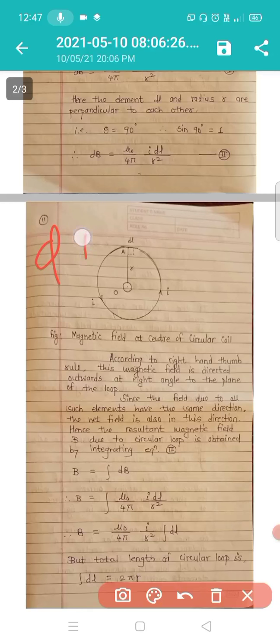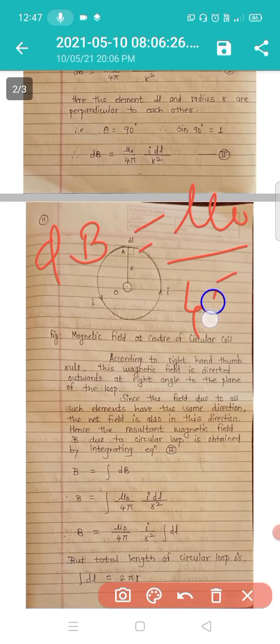We get dB is equal to mu naught upon 4 pi, I dl upon r square.